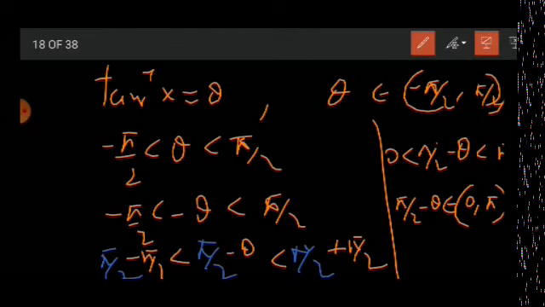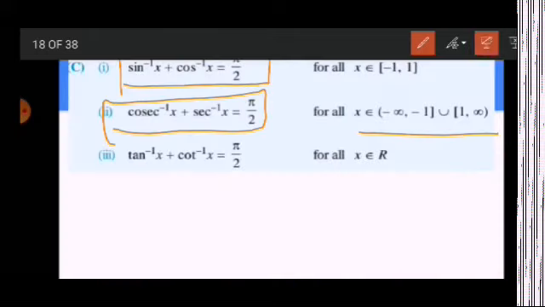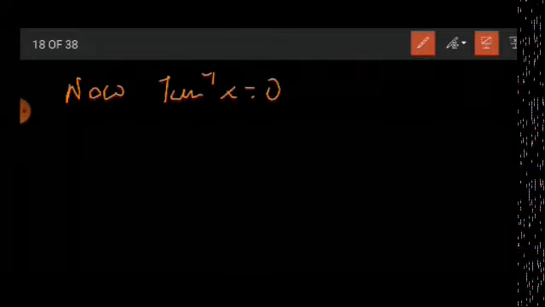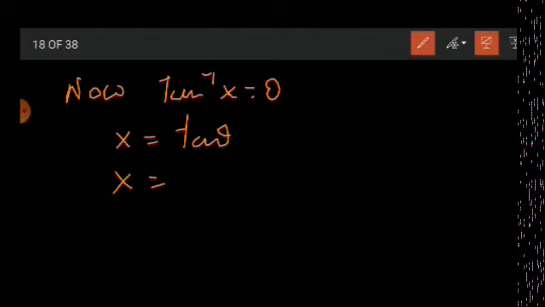Now tan inverse x, you have already assumed to be theta. I am changing the board once again. So if tan inverse x was theta, then x was tan theta, and tan theta becomes cot of 90 minus theta.